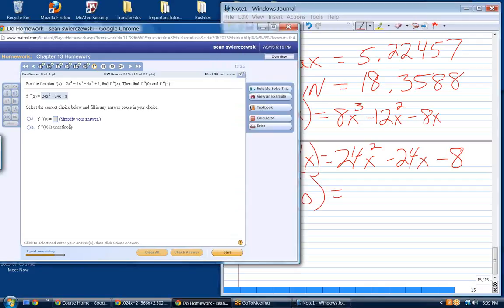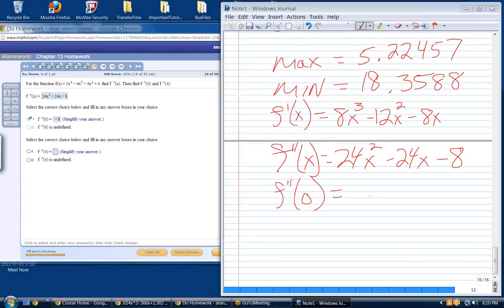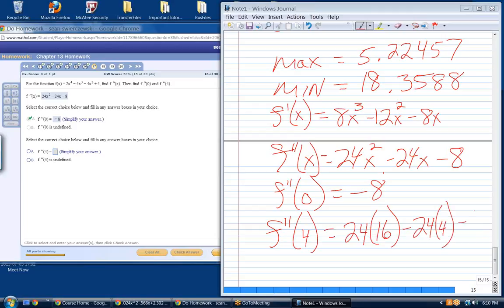Now f double prime of 4. I got 280, but that sounds right.